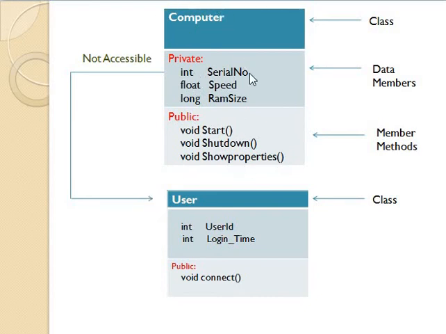In this case, the data members serial no, speed and RAM size, since they are declared private, shall be accessible only within their own class computer, but not accessible to the class user, as the class user is outside this class computer.